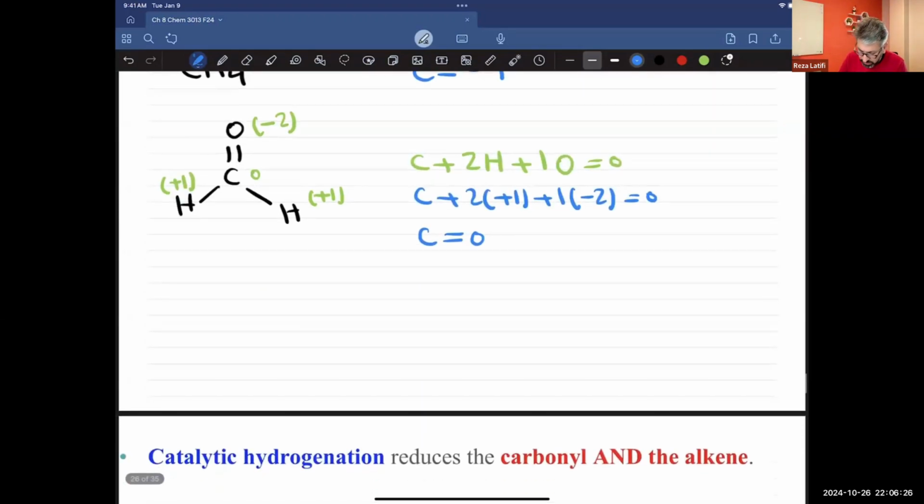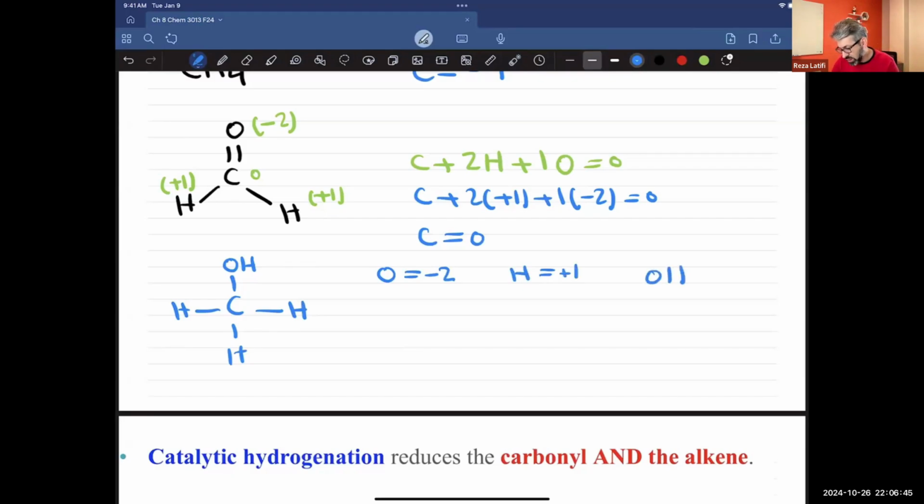Another one, how do we assign the oxidation number of this compound? Let's replace one of the hydrogens in methane by OH. I know the common charge for oxygen is -2 and for hydrogen is +1. Now what's going to be the charge for OH? If oxygen is -2 and hydrogen +1, that's going to be -1. And we know OH has a -1 charge. So I have a carbon plus 3 hydrogens plus 1 OH.